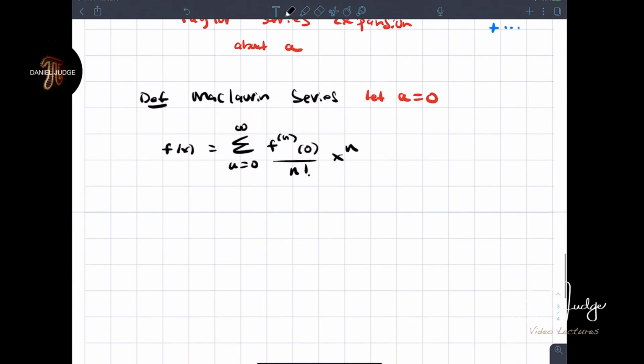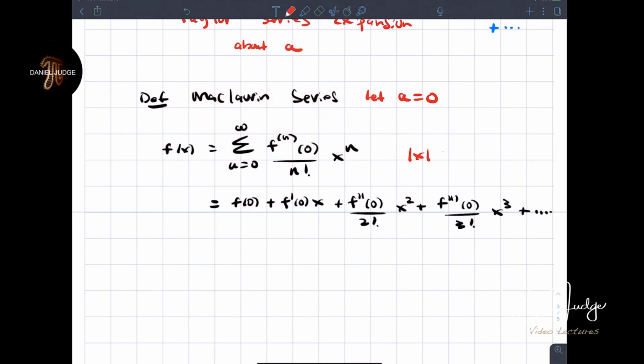And if you take a closer look at the terms, that's f of 0 plus f prime of 0, x, plus f double prime of 0 over 2 factorial, x squared, f triple prime 0 over 3 factorial, x cubed, and that goes on forever. And again, the interval of convergence, I should say, is the absolute value of x is less than R here.